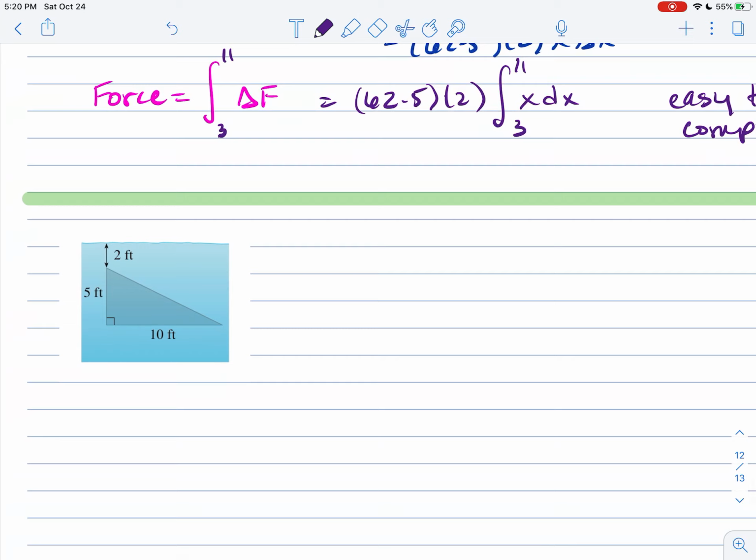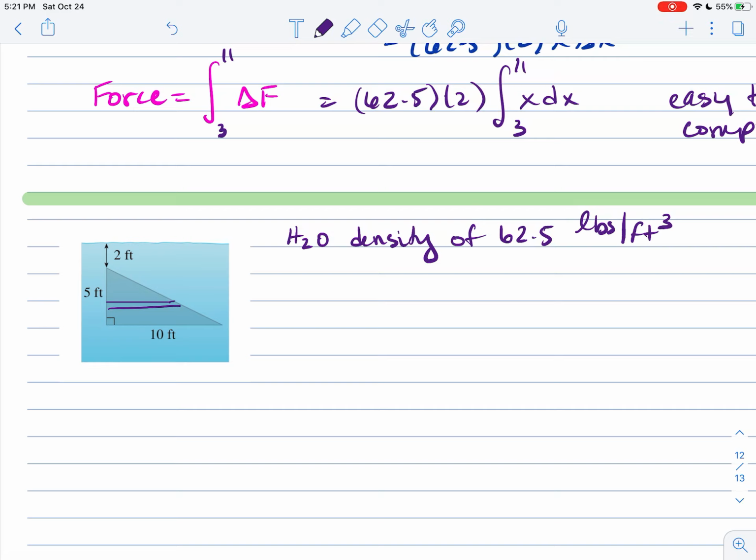Next up, we've got another plate that is submerged in water, and water again has a density of 62.5 pounds per cubic foot. Since we have a triangle, I can go ahead and do one step ahead and put my slice in there.